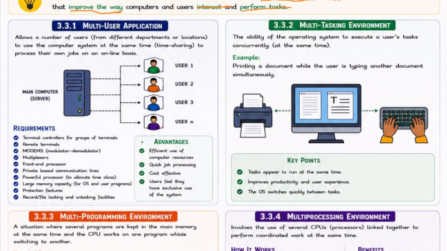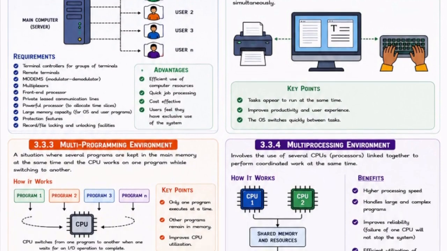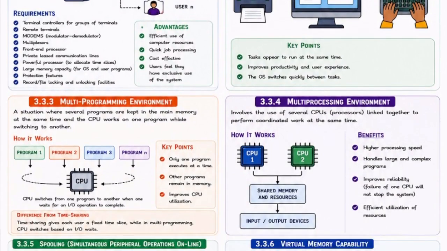We have multitasking environment, the ability of the operating system to execute a user's tasks concurrently at the same time. Printing a document while the user is typing another document simultaneously is an example of multitasking environment, which I believe we have explained.